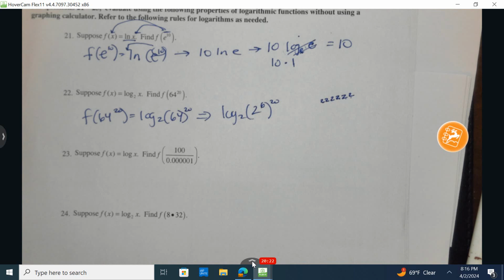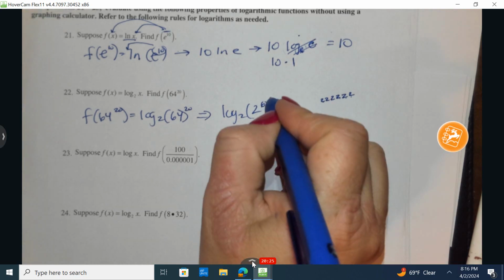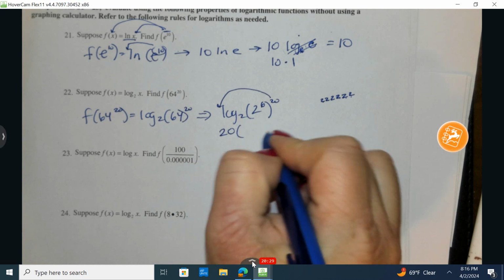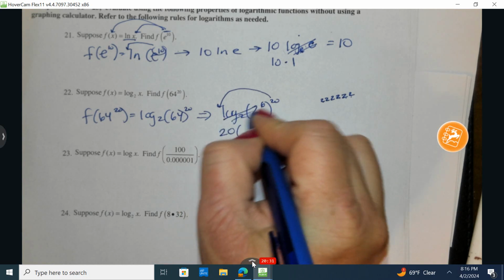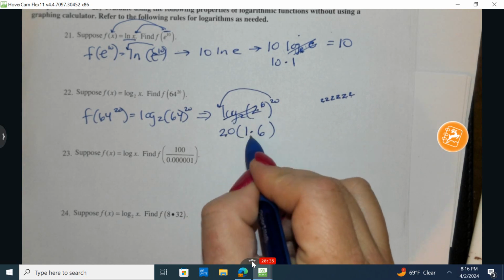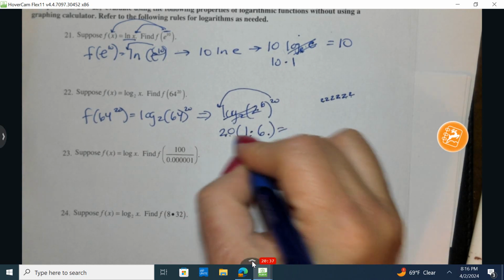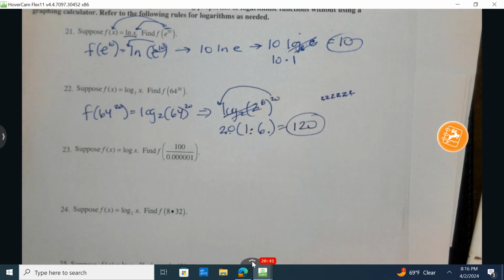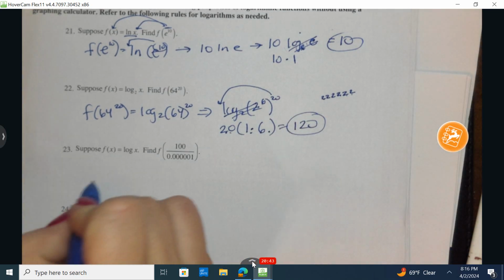Again, 2 to the 6th is the same as 64. I'm going to throw this 20 in front, so I have 20 times. Now this simplifies to 1, and now I have 20 times 1 times 6. Well, 20 times 6 times 1 is 120. Let's look at the next one.